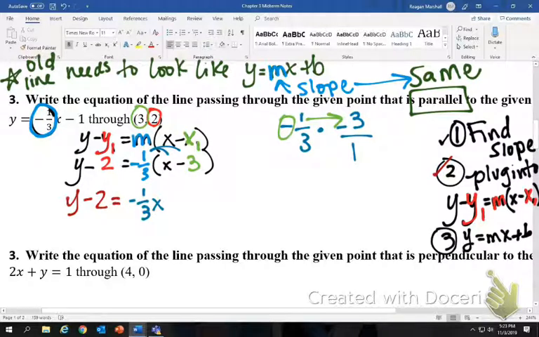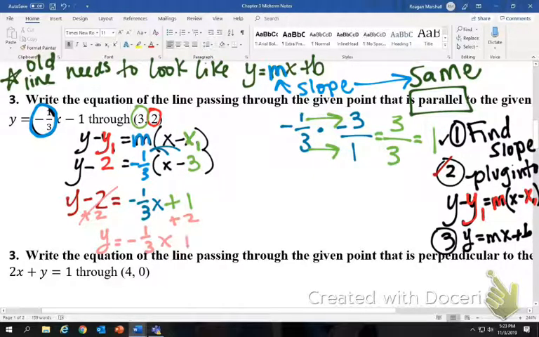So we have a negative times a negative, which makes a positive. 1 times 3 is 3. And then again, 3 times 1 is 3, which reduces to the number 1. And again, it is positive because you're multiplying a negative times a negative, which makes a positive. Last step, add 2. So y equals negative 1/3 x plus 3.